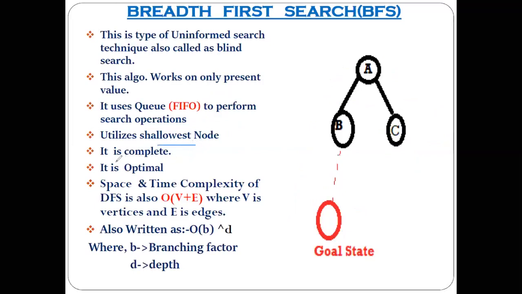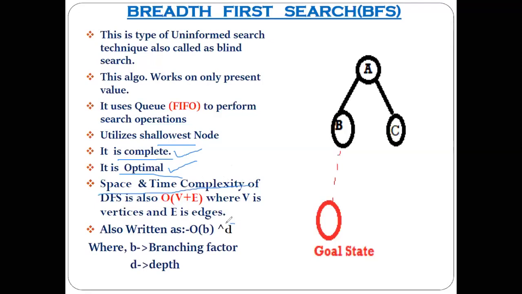Some of the advantageous points: it is complete and it is optimal also. Complete means it can give you the solution definitely. And optimal in the sense it will definitely try to give you the best solution out of the whatever number of solutions are available. Now come to the space complexity and the time complexity.